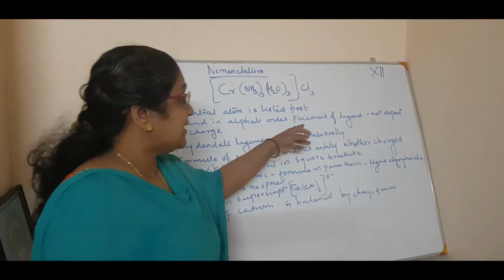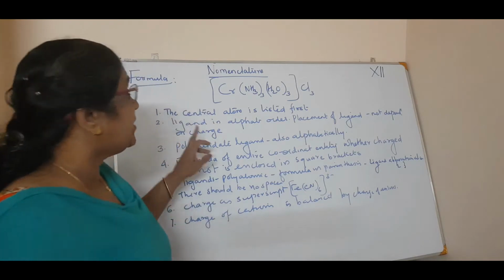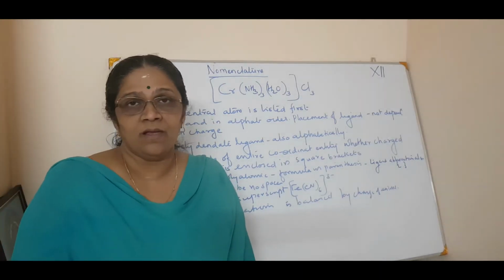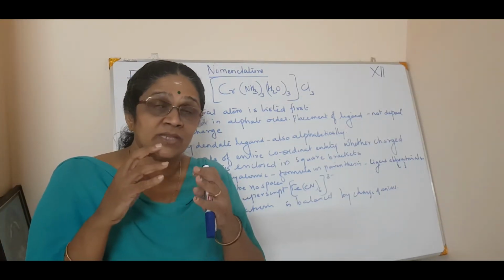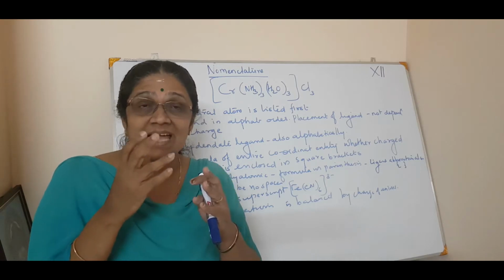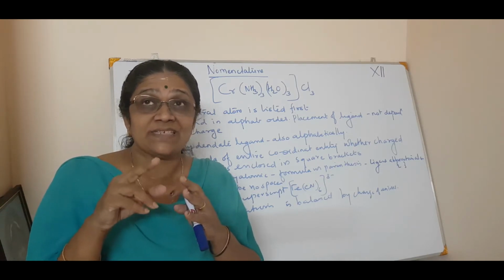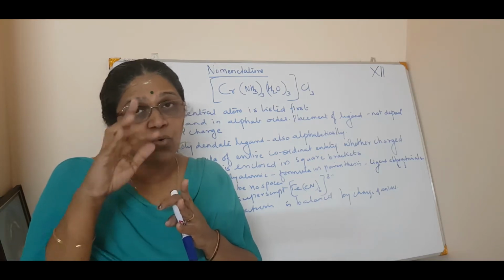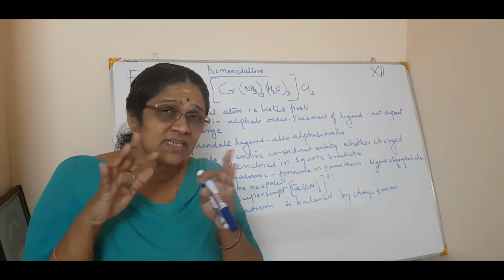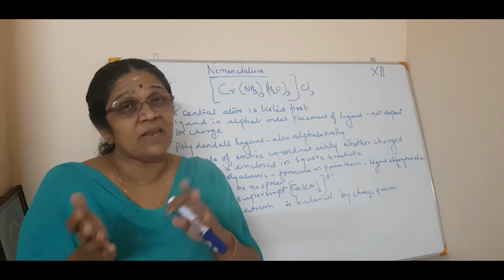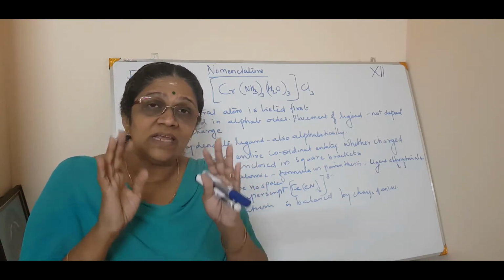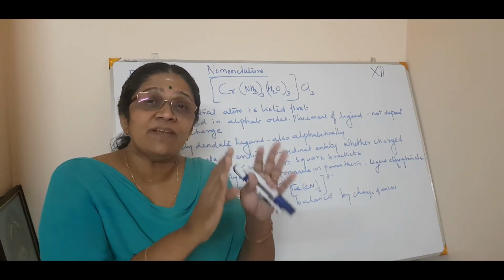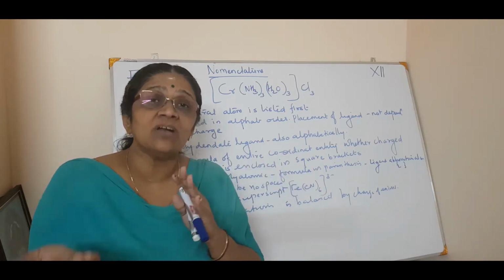And the placement of a ligand is not dependent on its charge. If there are two ligands, and the first has a charge of -1, for example Cl -1, and en is 0, it is not necessary that the 0 must come first and then -1. No, all the ligands must be written in alphabetical order, whether more charged or less charged.